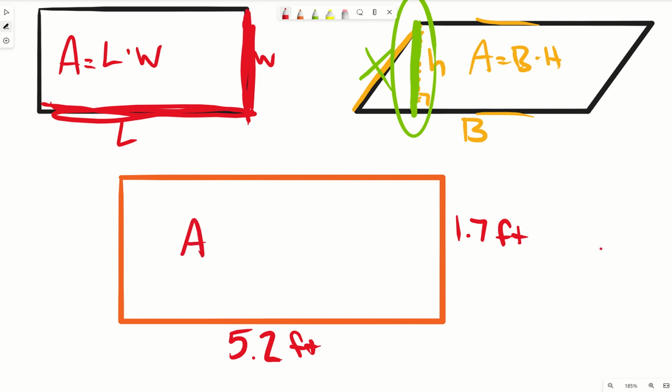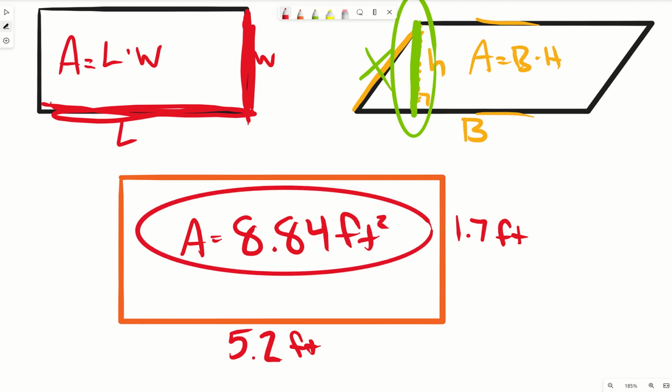What is my area? Remember, use your calculator, solve this out, and you will get something along the lines of 8.84 feet squared. That should be the area that you get.